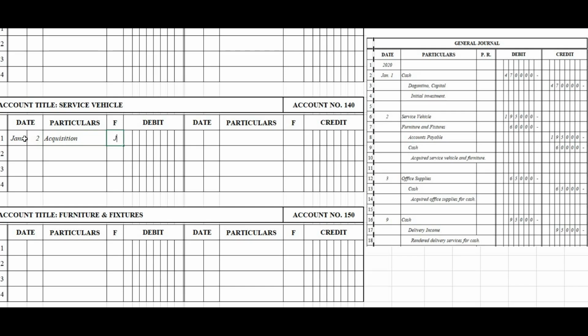So, folio, again, we are just assuming that all of these are still in the page 1 of the journal. So, the amount is 195,000.